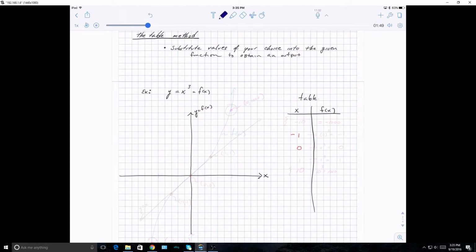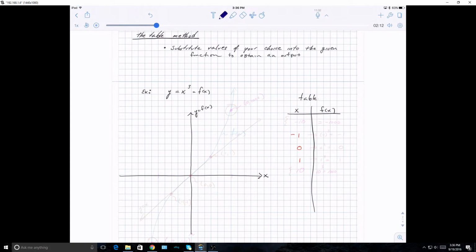And then let's go 0 and 1. Now, I'm not sure if these x values that I'm picking are going to be sufficient to give us a good picture of what the graph is going to look like. But as we already know what the parent looks like from what we saw before, we have a pretty good idea of what to expect.